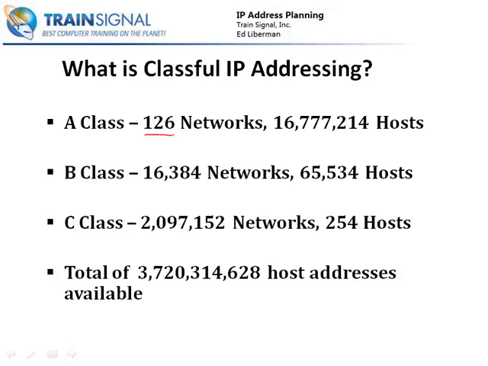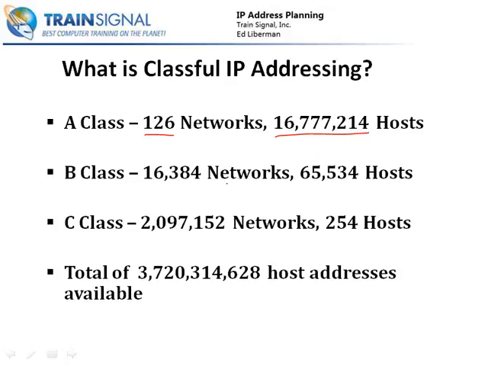The internet service providers of the world have those 126 networks, but that's okay because that's really who should have them, because each one of those networks, although there aren't that many, each one has almost 17 million IP addresses available to hand out to hosts or to computers. That's where it kind of makes sense that the ISPs have them.